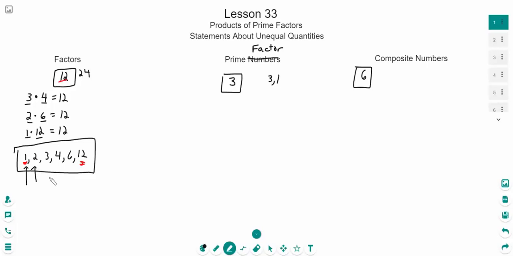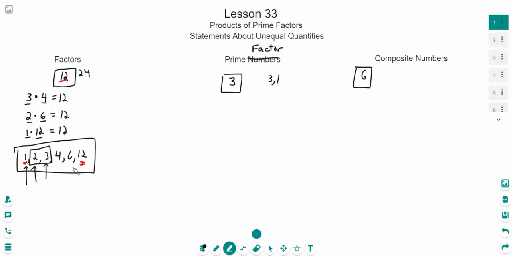That's only divisible by 1 and itself. 3 would also be prime. 4 would not be prime. 6 would not be prime. And 12 would not be prime. So in this case, we're left with just a 2 and a 3 as the prime factors for this 12. Okay, so the point that I'm trying to make is that a prime factor is a prime number.